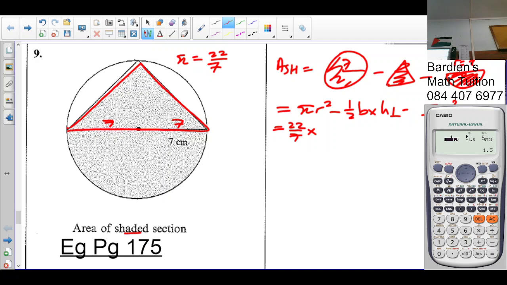And what do you think the perpendicular height is? Remember, I'm not going to give it to you, but I'm going to show you the perpendicular height is going to be this length here. Don't call it out if you know what it is, okay? It's your perpendicular height. And you get minus pi, which is 22 over 7, times your radius squared, divided by 2. Just do that substitution quickly.